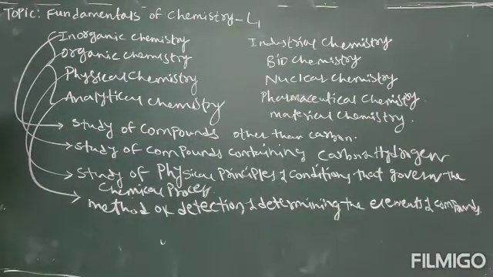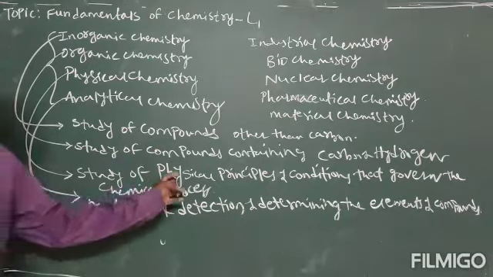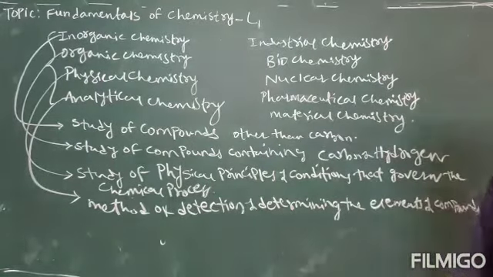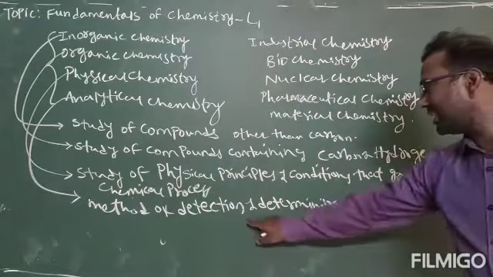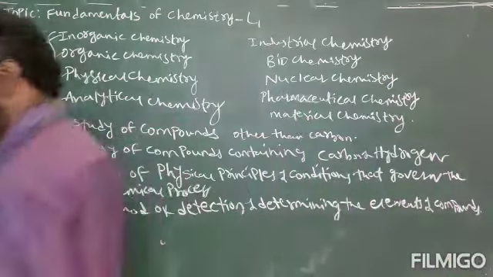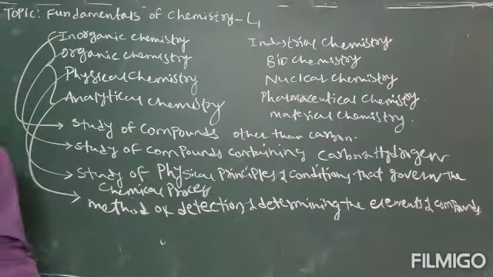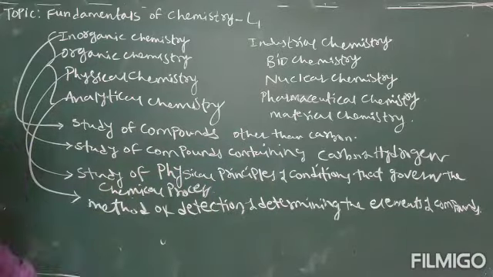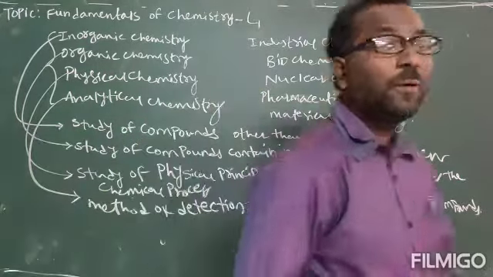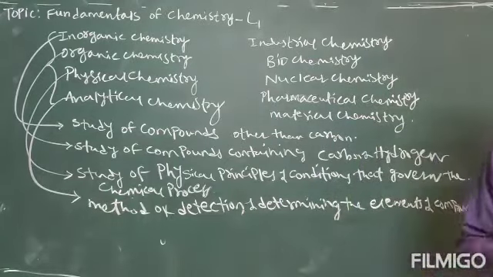In the manufacturing sector, physical principles are most important, physical chemistry. Analytical chemistry deals with the method of detection and determining the elements and compounds. Suppose a new substance is discovered, they will analyze what is there in it. So physical chemistry and analytical chemistry both go hand in hand in most of the industries.